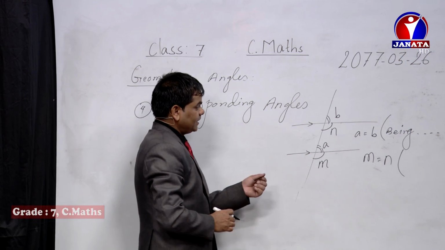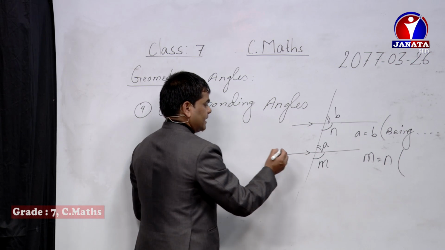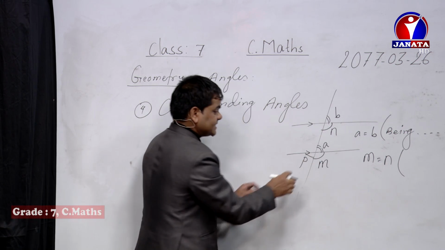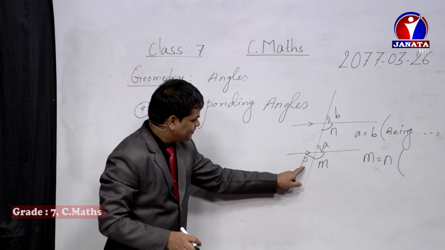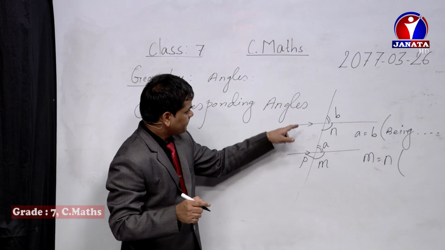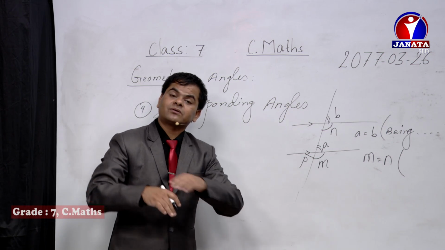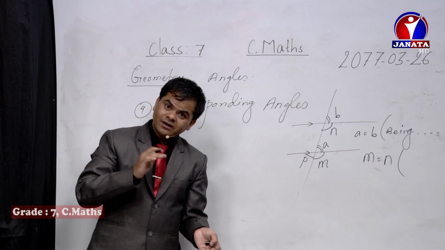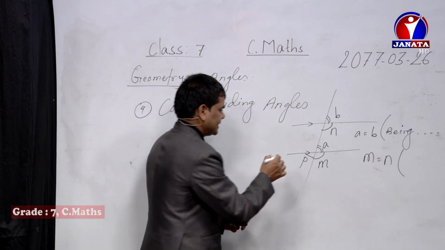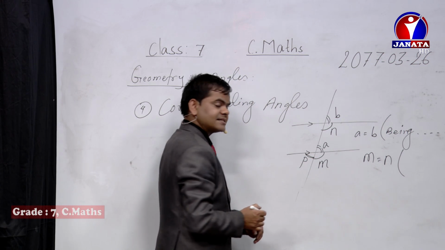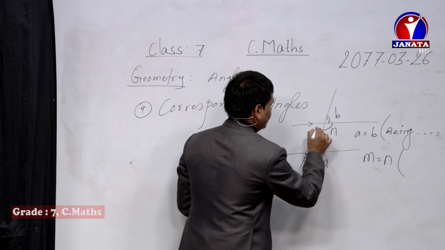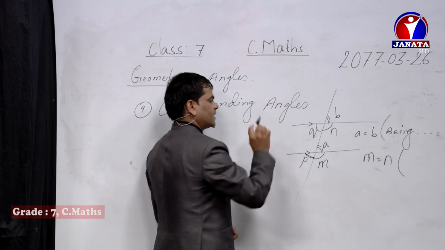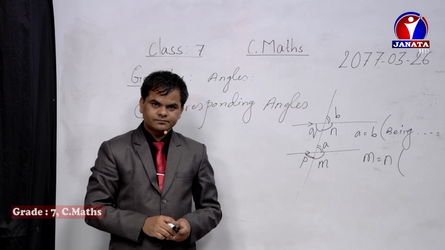Similarly, there are so many corresponding angles, dear student. To this one also you can make corresponding. If it is P, then as it is outside, isn't it? It's being outside, so another should be inside, but it should be on the same-hand side. That means if P is on the left-hand side, then Q also should be on the left-hand side, but P is outside, Q is inside.